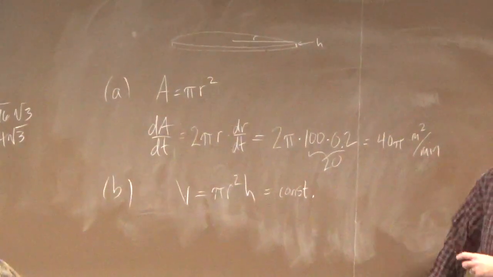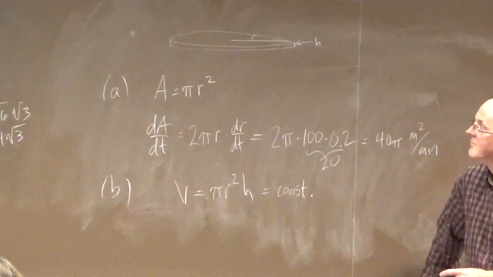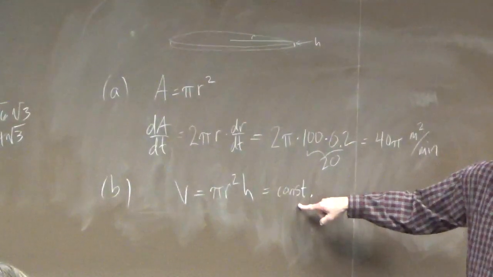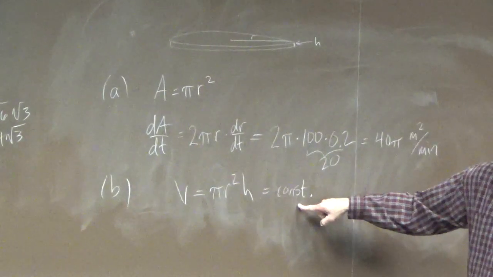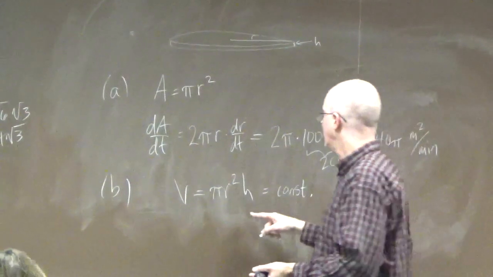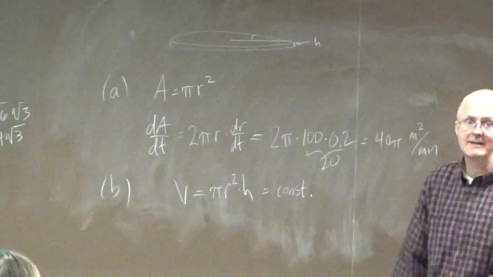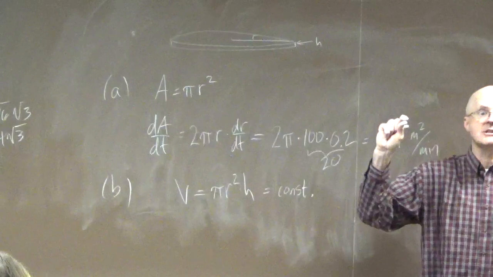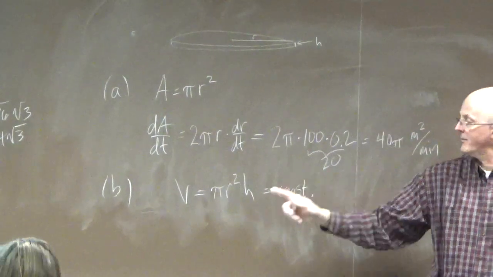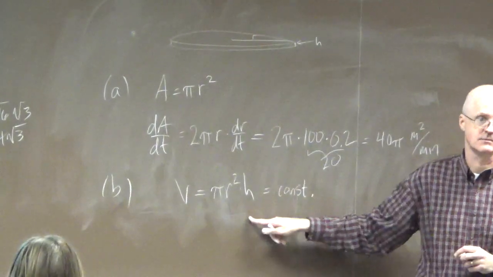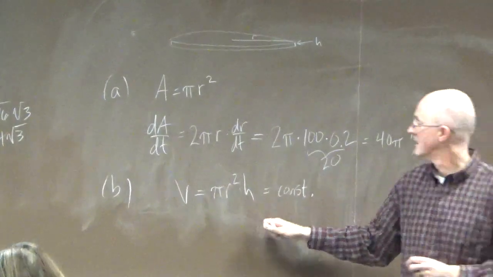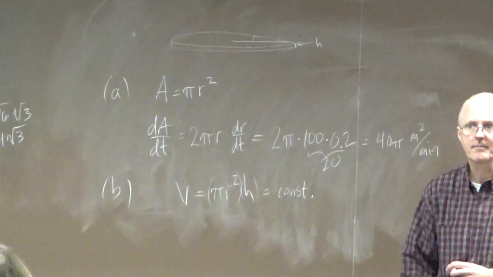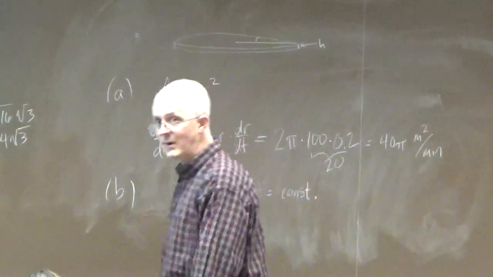So now when I differentiate with respect to t here, I differentiate the right side, I do get 0. And here, both r and h depend on t. The slick is expanding, r is increasing, but it's getting thinner, h is decreasing. They're both functions of t. I need the product rule. I've got a first function, say pi r squared, and a second function, h. Lefty right plus righty left.